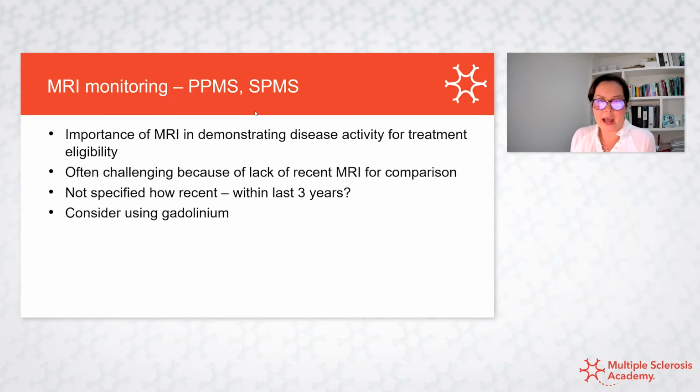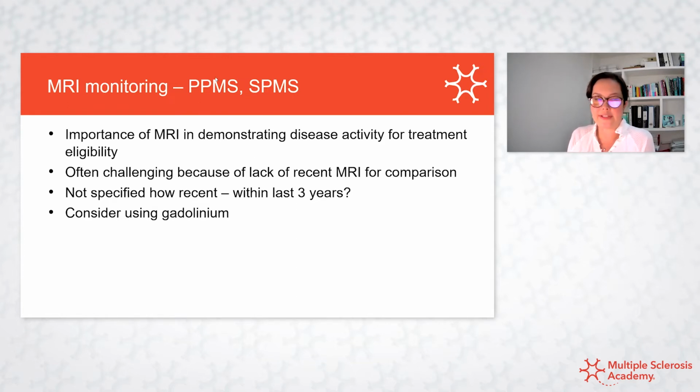NICE doesn't specify how recent the imaging has to be, but in the ORATORIO trial, the inclusion criteria was an MRI within the last 3 years, and on the Blueteq form for ocrelizumab, that states within the last 3 years as well, but it's not specified for siponimod.